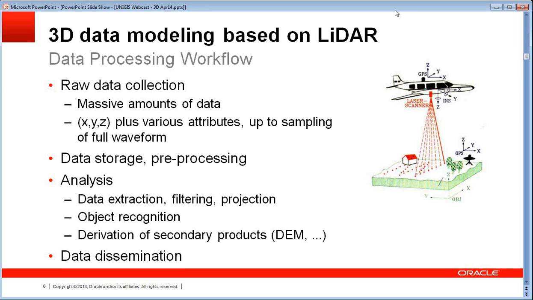These laser scanners are capable of generating like 500,000 points per second, and this can give you enormous amounts of information, which of course will need to be stored, pre-processed, analyzed, and then made available to further use. And I'll come to the ways we are using these kinds of information in just a moment.